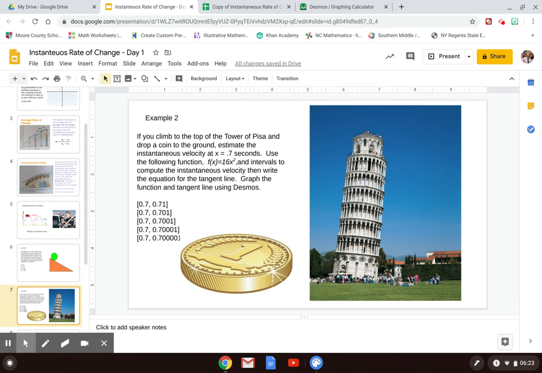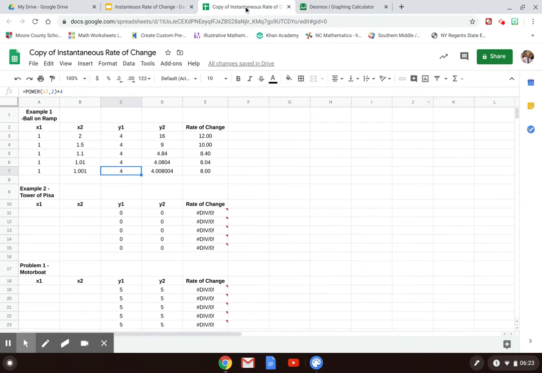So again, I will go over here and, just for today, I'm going to use my calculator to enter in these intervals. So x1 is 0.7.